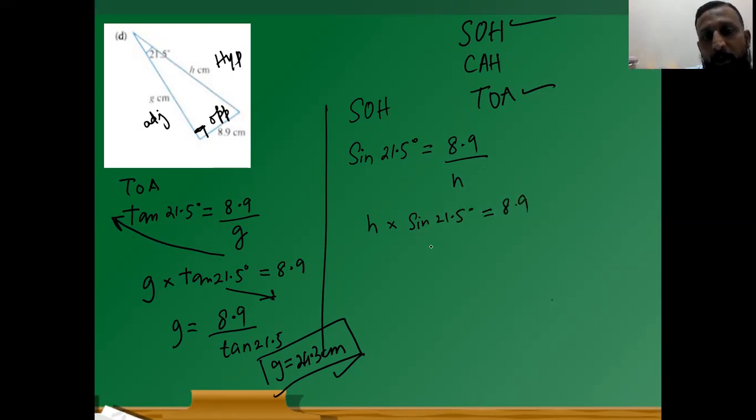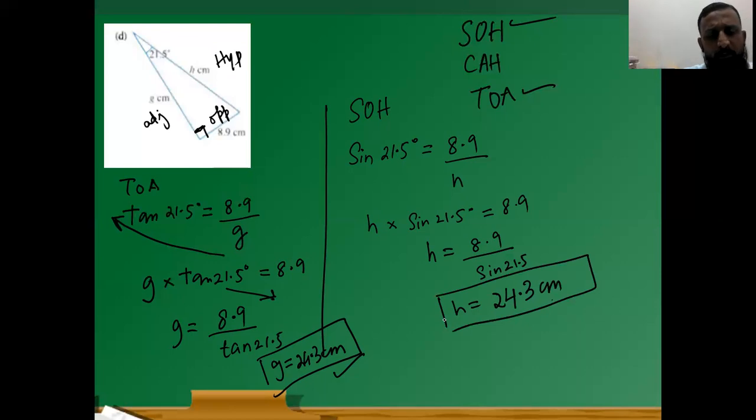You can bring sine 21.5 on this side. So 8.9 divided by sine 21.5. So dear students, you may use your calculator, 8.9 divided by sine 21.5. Your answer is found to be 24.3 centimeters.